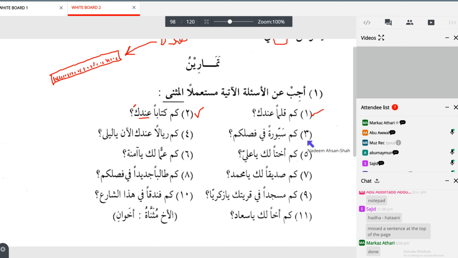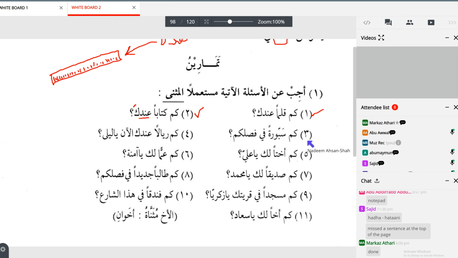I have a question. Go ahead. It was mentioned that you use inda when you're referring to things, and the lam when you refer to people, li or laka.